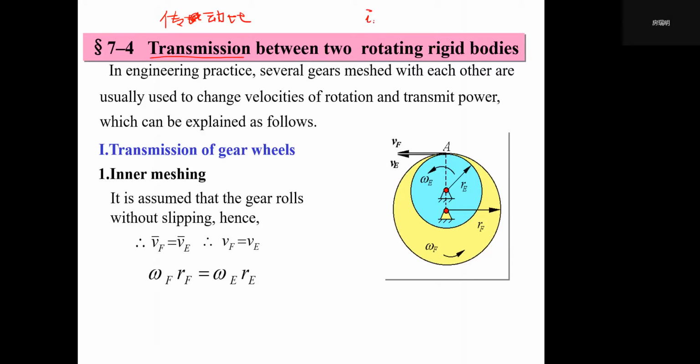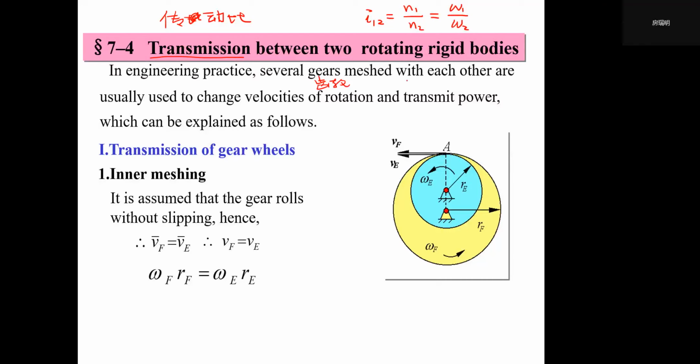So the index i12 will equal n1 over n2, also equal to omega 1 over omega 2, right? That's what transmission ratio is. In engineering practice, several gears, gear means 齿轮 in Chinese, you will learn in detail next semester.